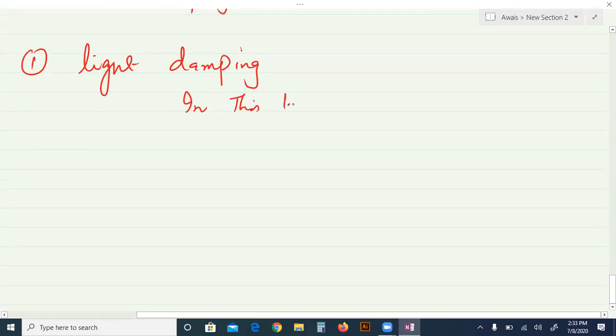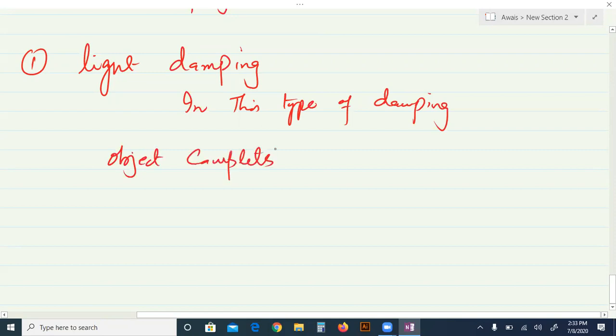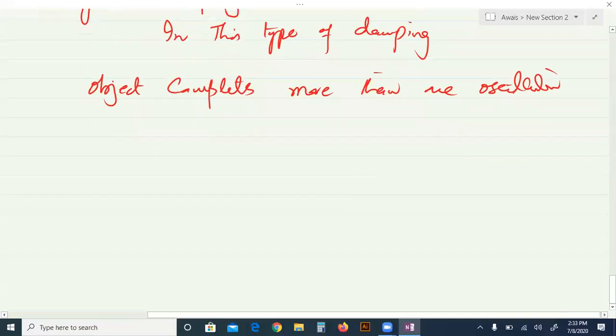In this type of damping, the object completes more than one oscillation. So एक से ज़्यादा oscillation complete हो जाती हैं.